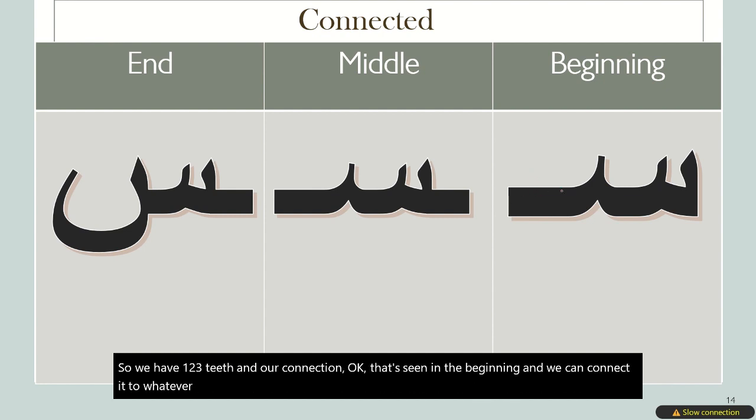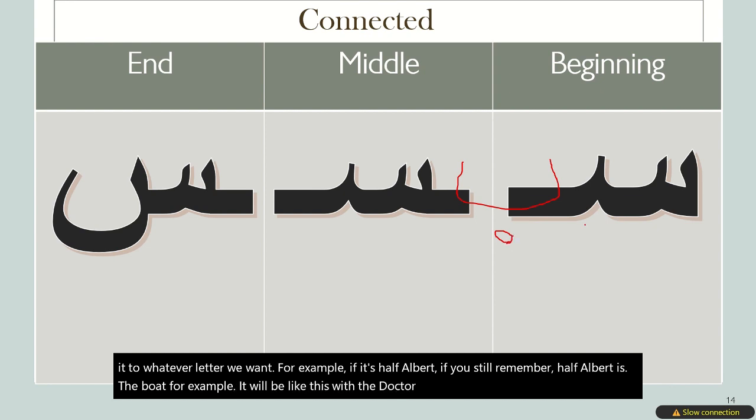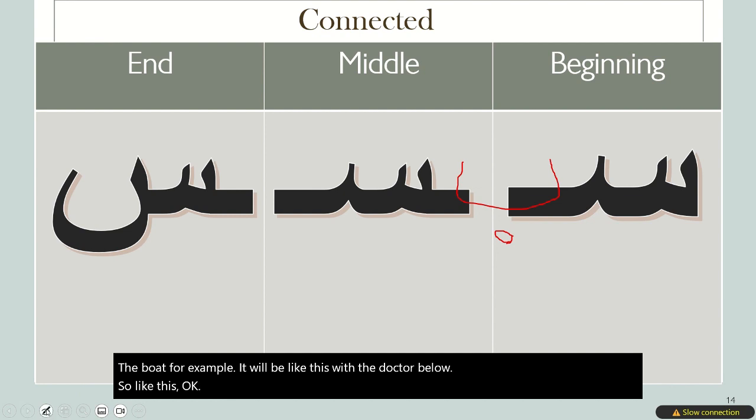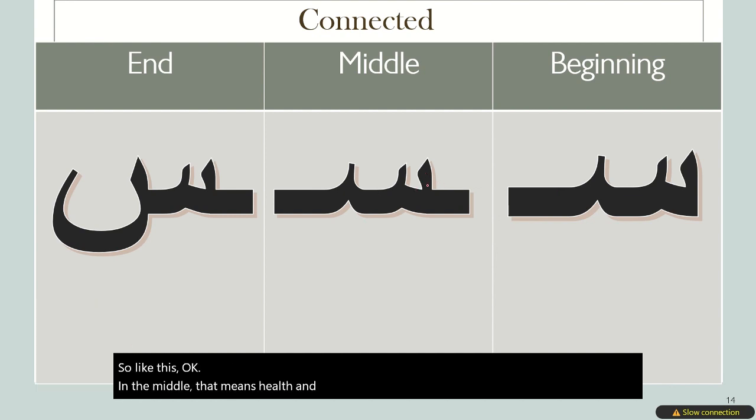For example, if it's حرف الباء, if you still remember, حرف الباء is the boat. For example, it would be like this with the dot below. So like this. Okay, in the middle, that means حرف السين in the middle, there is a letter before it and there is a letter after it.